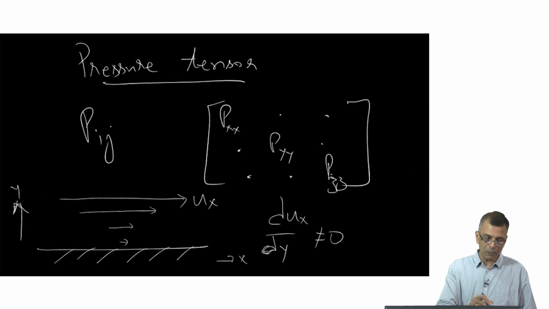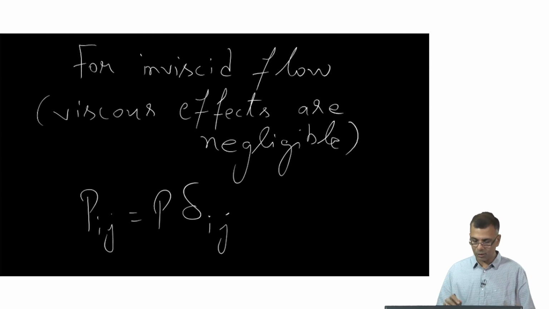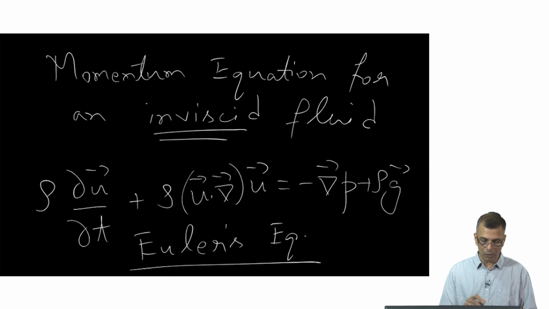But then we specialize to a case where viscous effects are negligible. In other words, we specialize to an inviscid flow where only the diagonal terms of the pressure tensor are non-zero, the other terms of the pressure tensor are 0, and we wrote down the Euler equation.